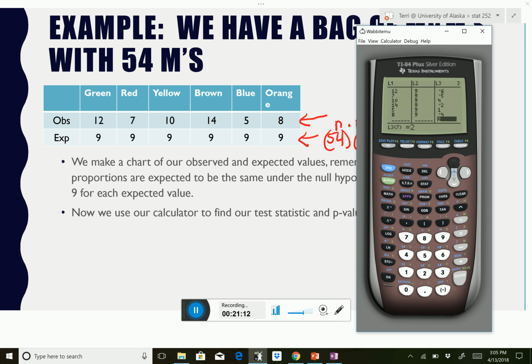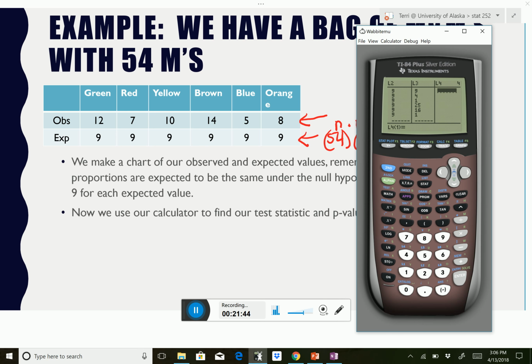Okay, so then list 3, clear this out. List 3, for those of you who do not have the goodness of fit test, we're going to go parenthesis, list 1 minus list 2, and square it.